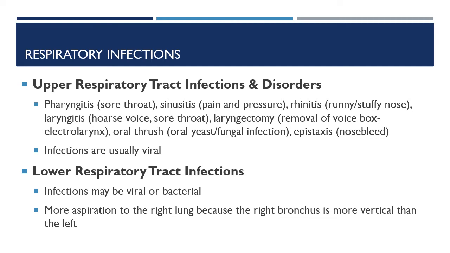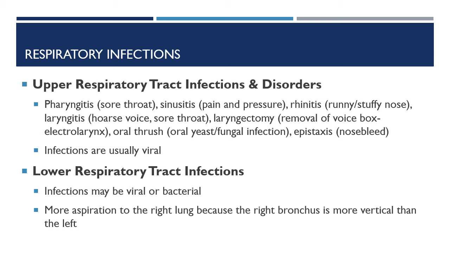Why is that? Because the right mainstem bronchus is really quite vertical, and it's at a similar angle to the trachea. Whereas the left mainstem bronchus, you really have to turn a corner from the trachea to then get to the left mainstem bronchus. The angle is very different. So most aspirations will go into the right lung.